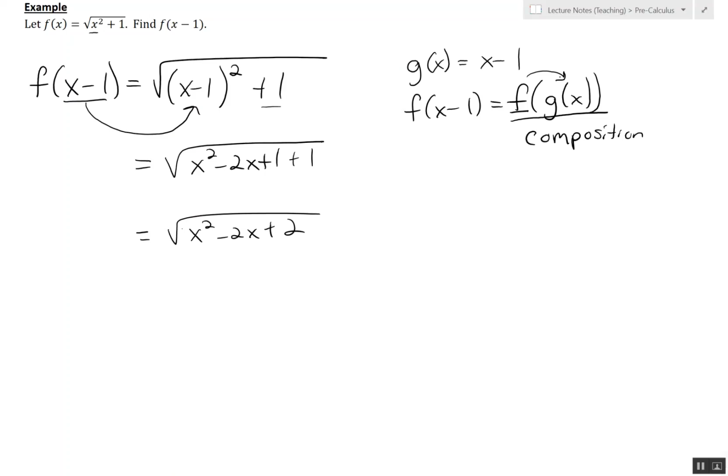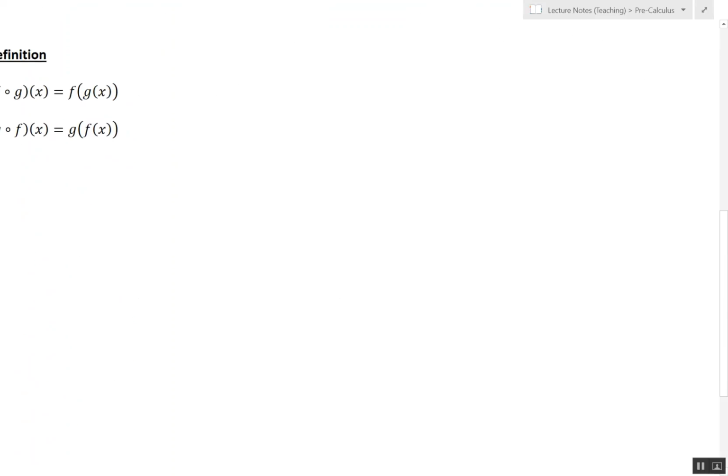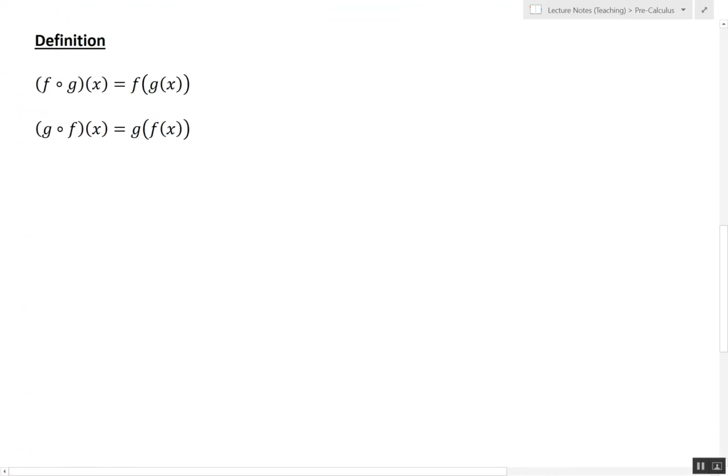And so we have some special notation that handles composition of functions. So this is the definition. So let's blow this up a little so we see it clearer. So we have this little circle notation here that represents composition. So we have f circle g of x. So this is a circle, or composed with.